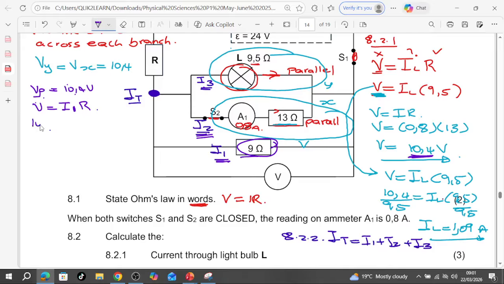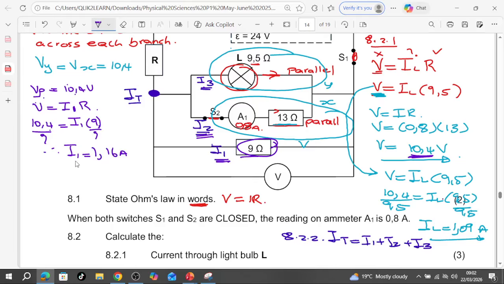This will be 10.4 equals current 1 times 9. Therefore, we divide both sides by 9 to find the current. So what is my current 1? Current 1 is going to be 10.4 divided by 9. That's 1.16.